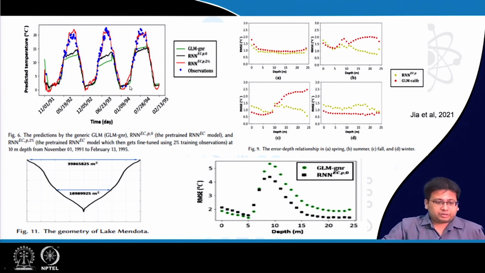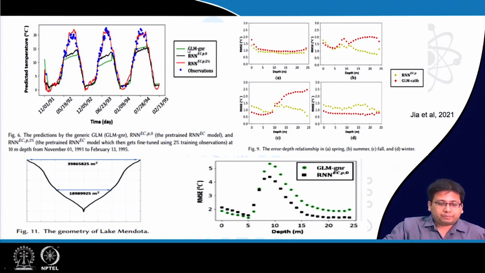And this is what the simulations look like. Over several days or several months, we plot the time series of the temperature of the lake at a particular depth. What is shown in blue is the observations. Obviously it is periodic, because just like air temperature is periodic, the lake's temperature will also be periodic at the different depths.